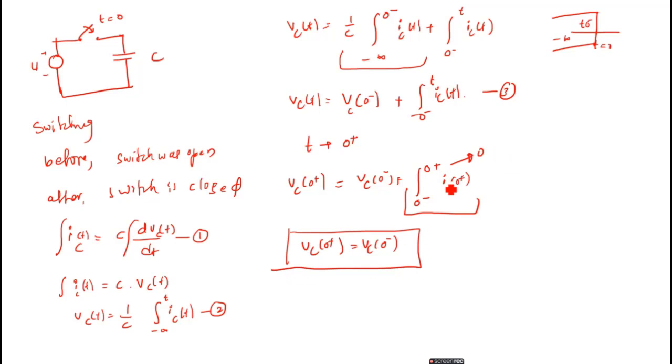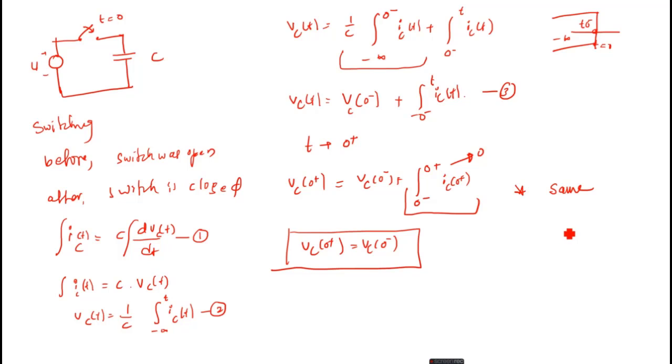This value is 0 because we don't find any current in such a small time interval between 0 minus and 0 plus. In that very small time interval, we don't find any current through the capacitor, so it is 0. If it is 0, the complete integration will be 0. So Vc(0 plus) equals Vc(0 minus). The meaning of this is the voltage across a capacitor before and after switching will be the same.